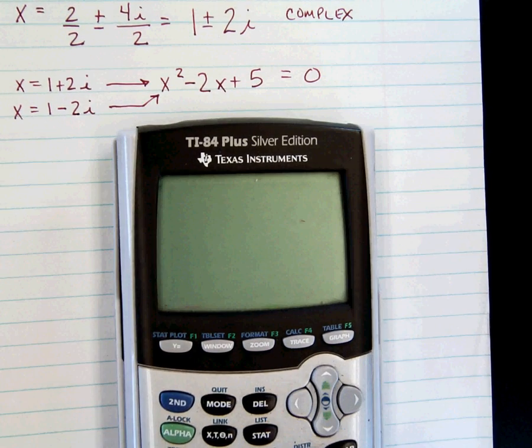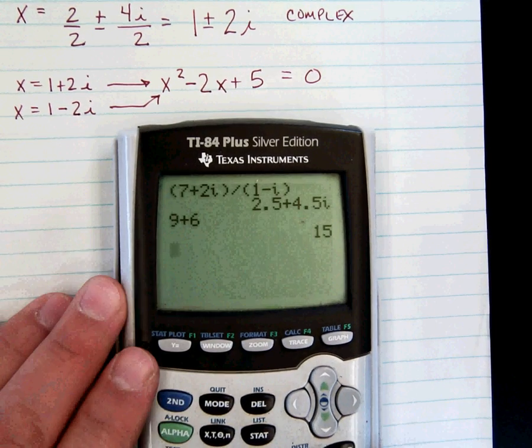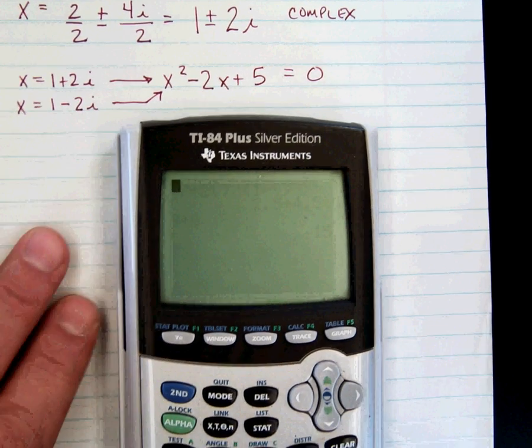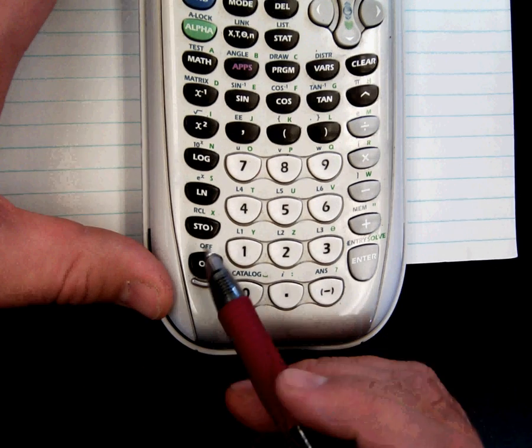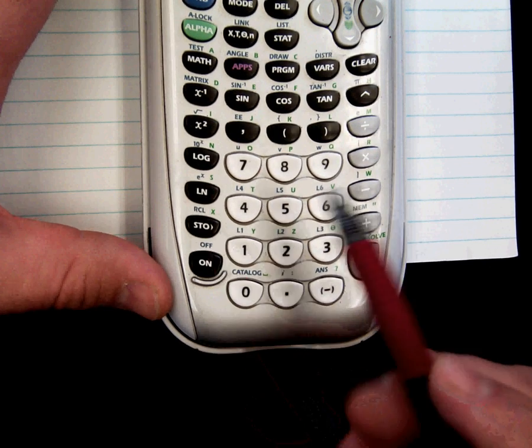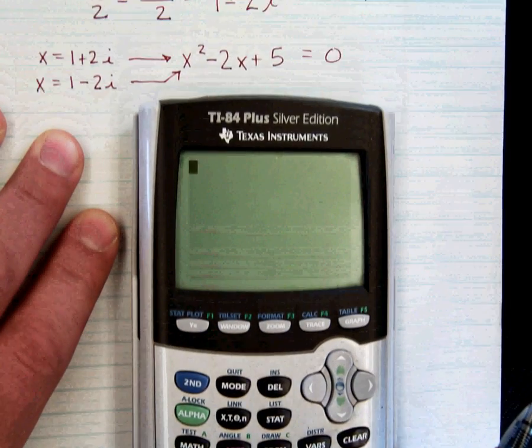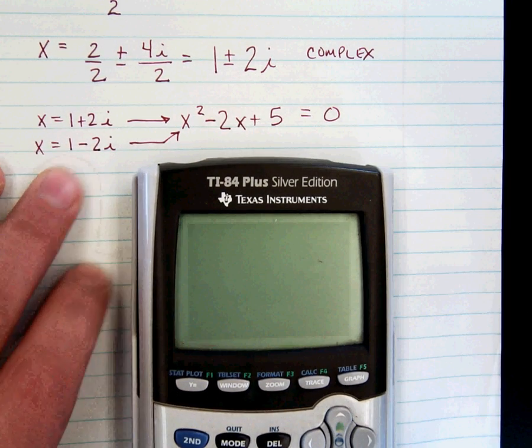I'm going to recall something called the store feature on the calculator. If you look down at this button right above ON, STO, that's the store button. Sometimes the store button is easier to work with than actually plugging in 1 plus 2i.